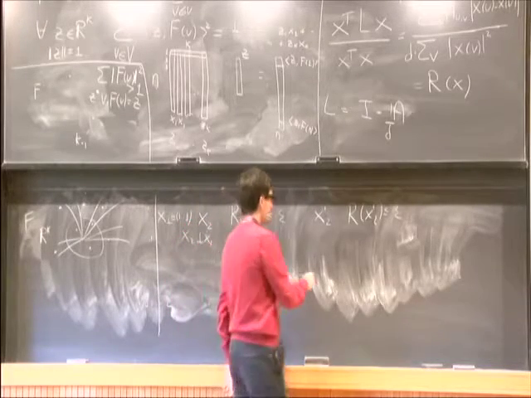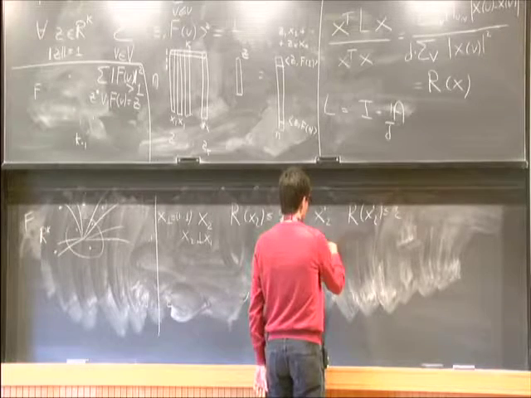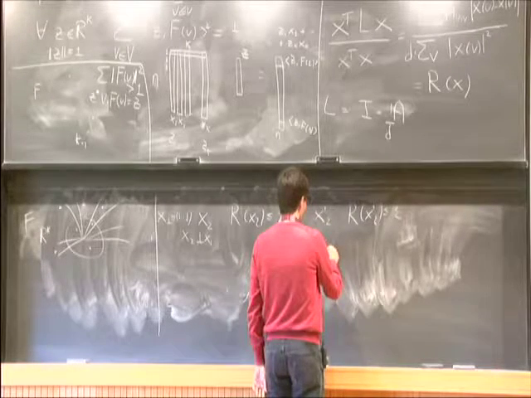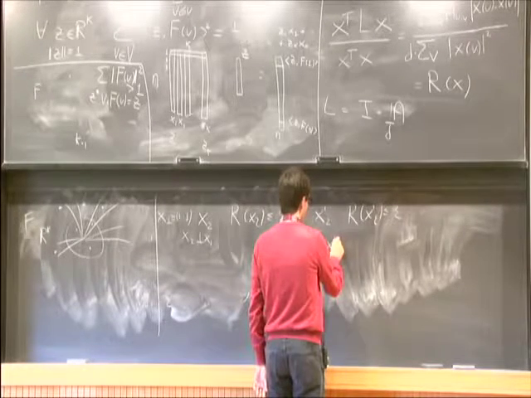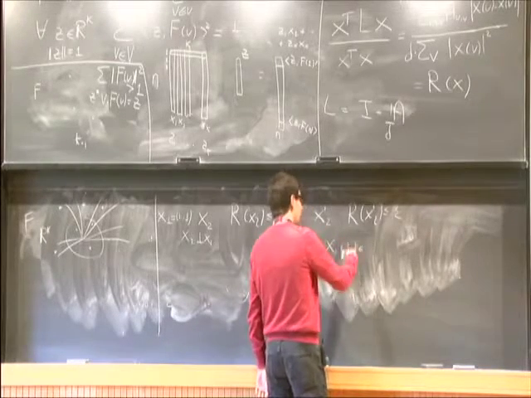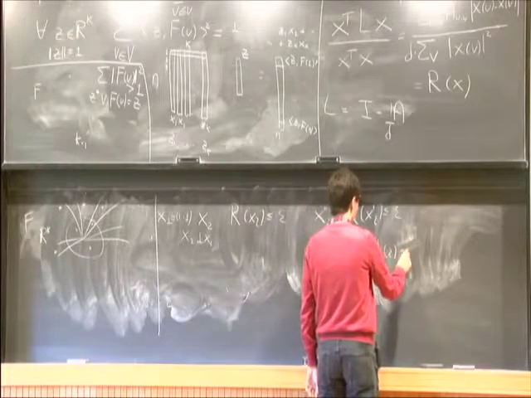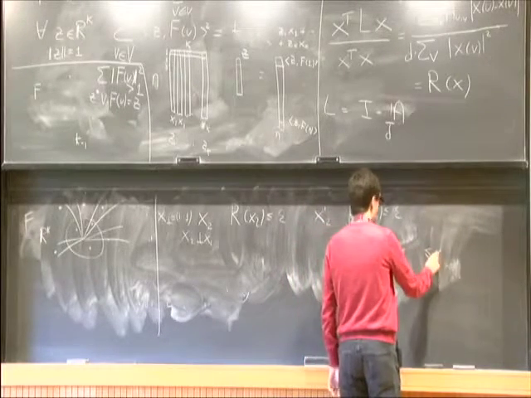Actually, let's just say that we have named the vertices of the graph so that the entries of this vector are sorted.